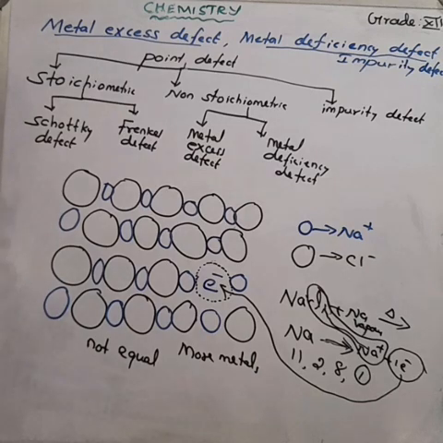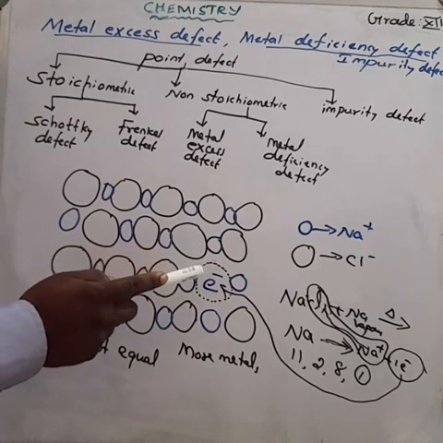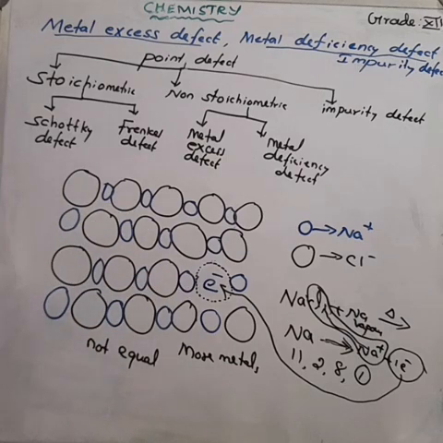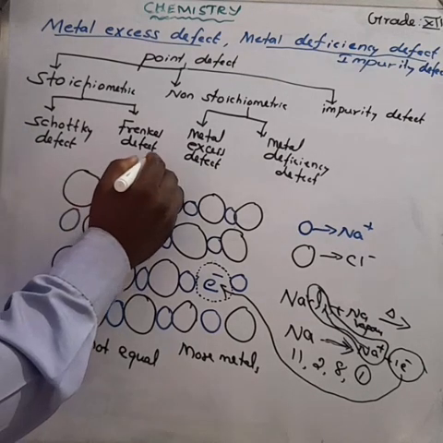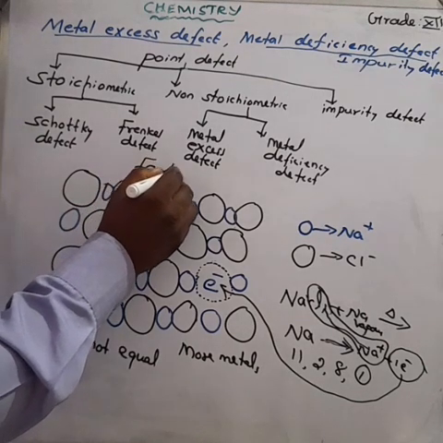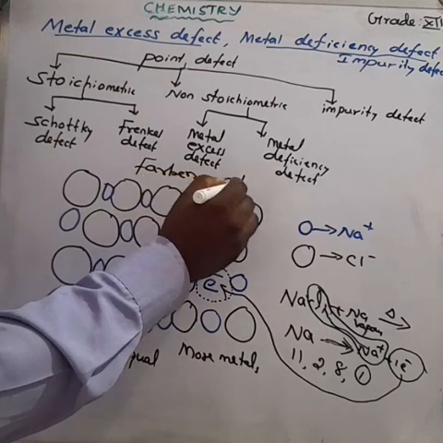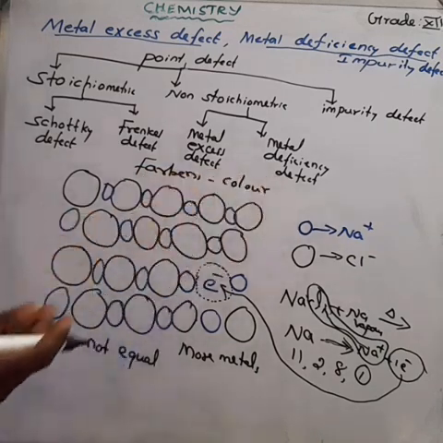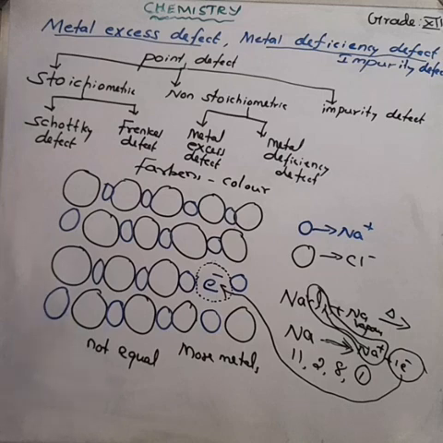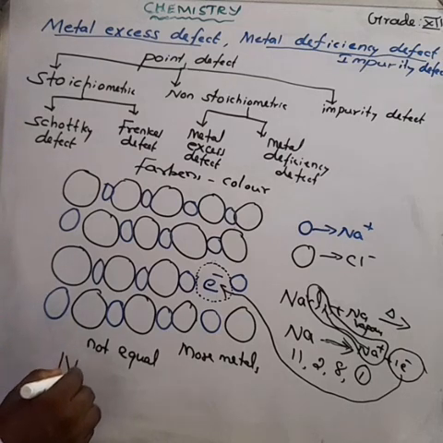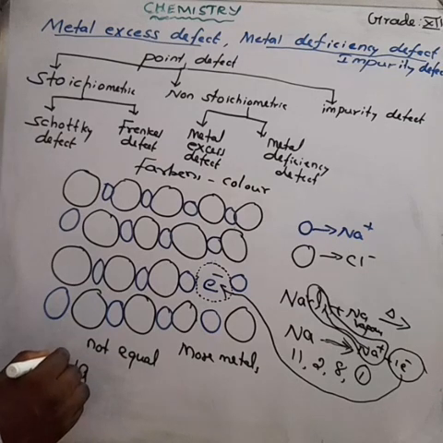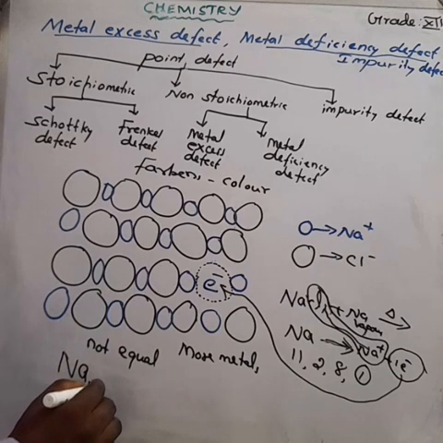Such anionic vacancies occupied by an unpaired electron are called F centers. F centers means Farbe centers, Farbe meaning color center. Now we can say the formula of NaCl, which contains excess Na plus ions, can be written as Na(1+x)Cl.